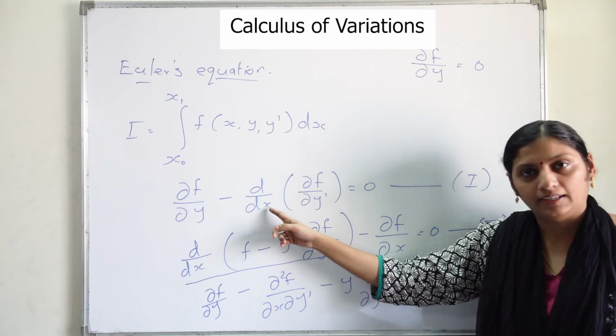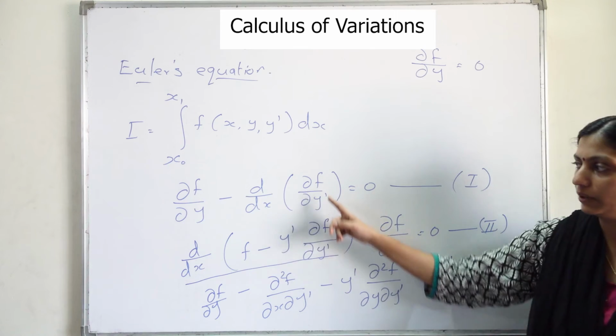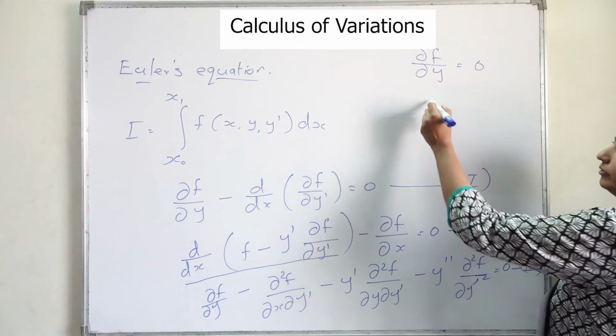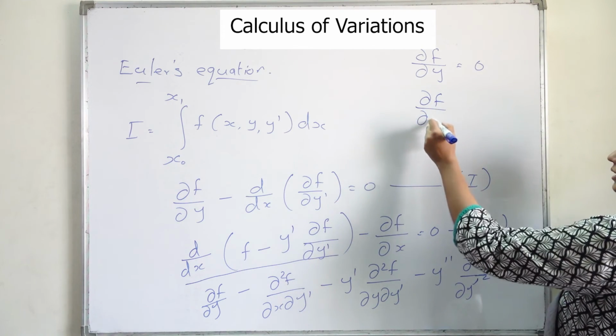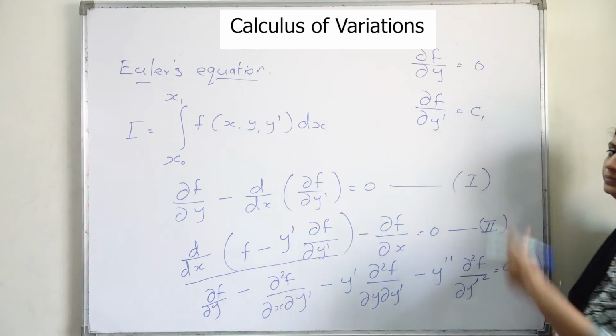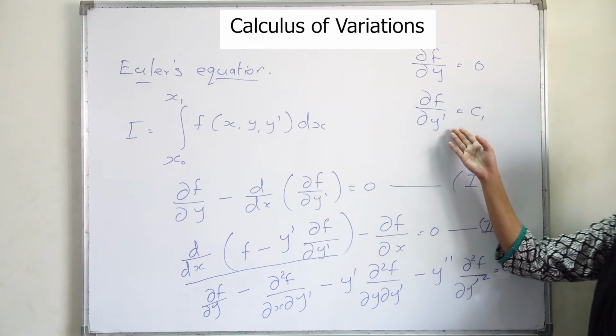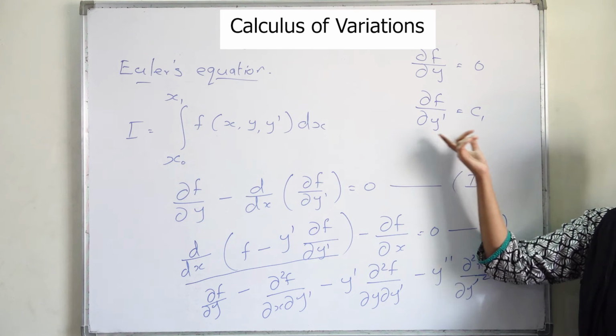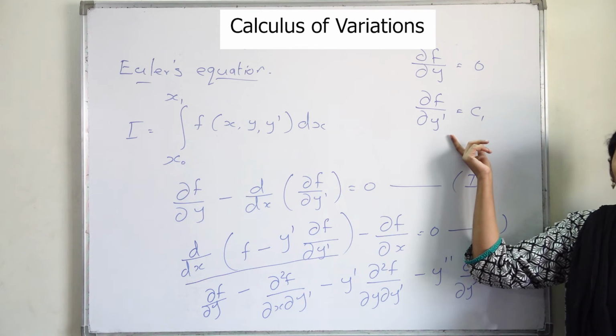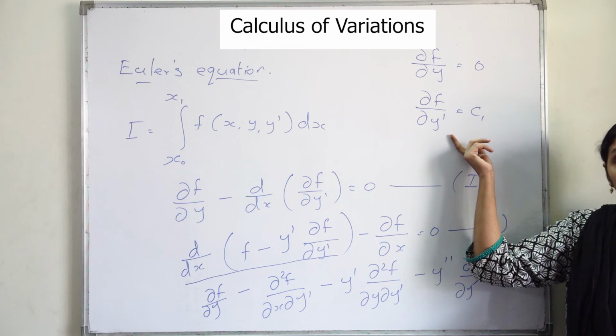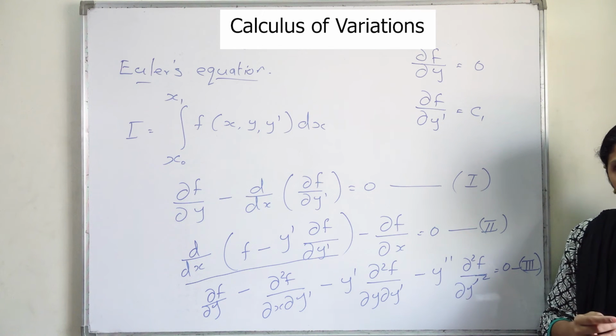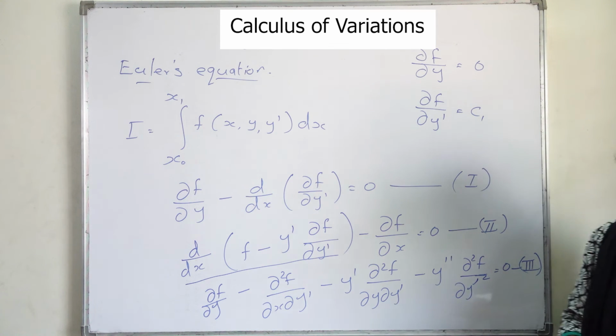By integrating with respect to x, you get ∂f/∂y' is equal to c1, where y' is dy/dx. So again we are getting a differential equation of first order. Solve the differential equation to get y equal to y of x. So that is the second case.